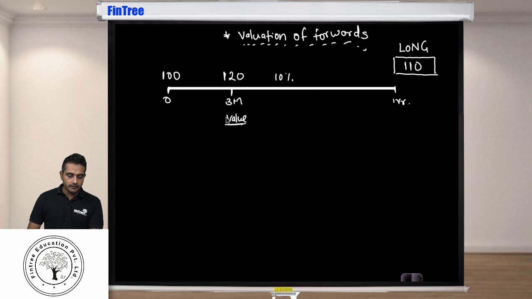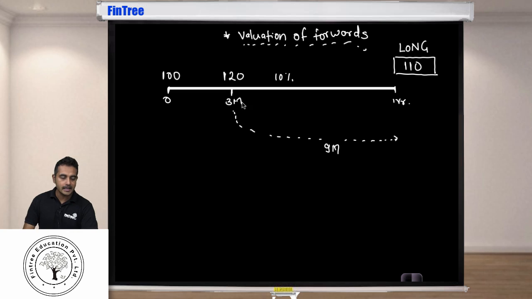Now, there are multiple ways through which we can find out how much profit is long making. So the most logical way to approach this question, we will take this 120 forwards for 9 months. Okay, so what this guy will do is, he will call up the dealer.